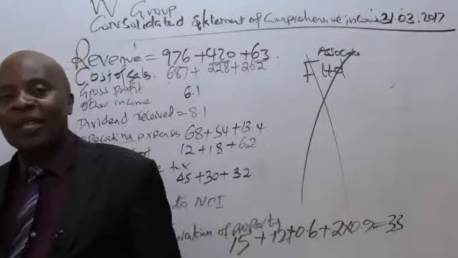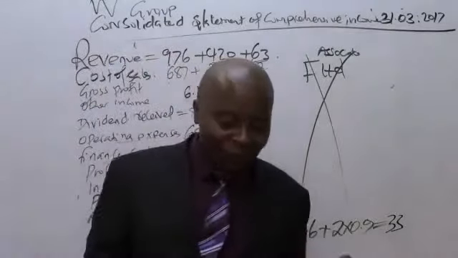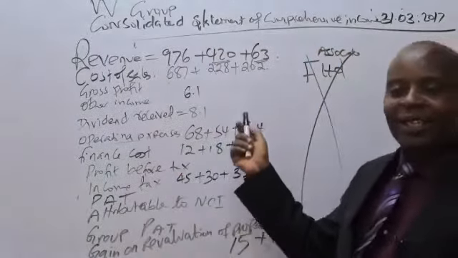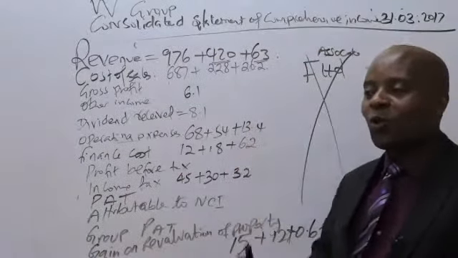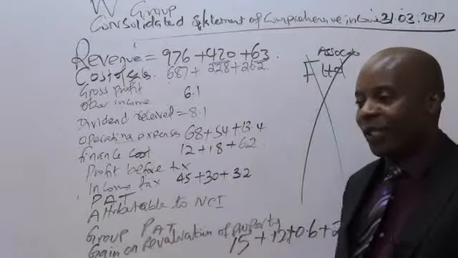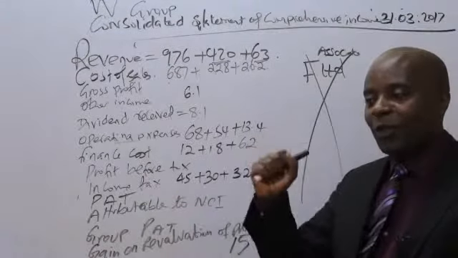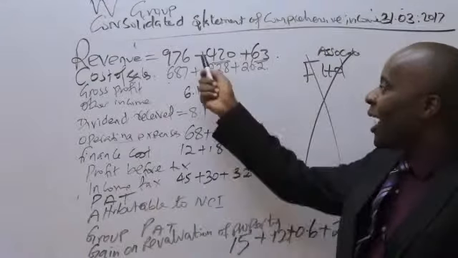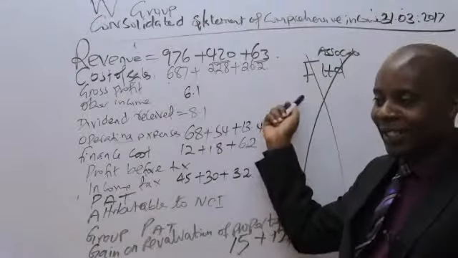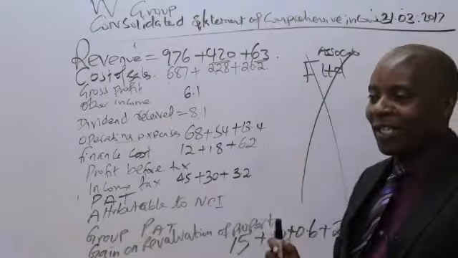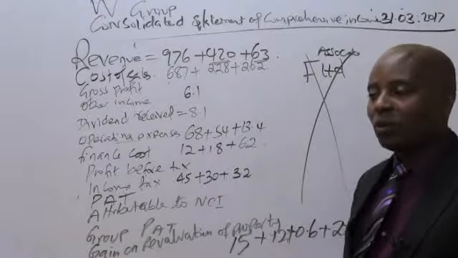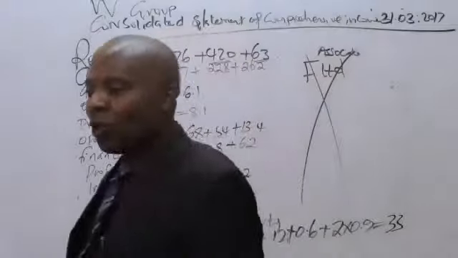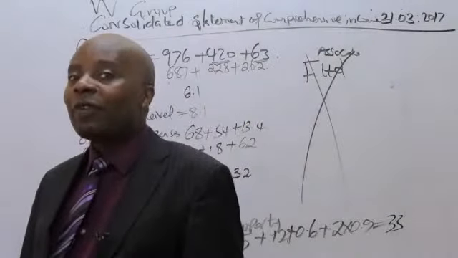But trust you me, from my experience with financial reporting, once you have set your initial structure like this, even if the examiner blows a whistle and tells you you are left with 5 minutes, you'll pick your calculator and add these figures very fast. And if you do that, trust you me, you can't get a zero, because there are many figures here which will never change.